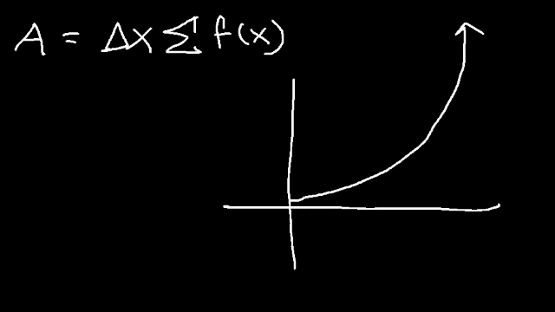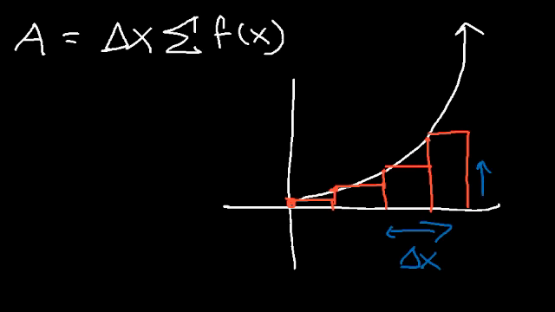So what we're going to do is break it up into rectangles. As you can see, you can approximate the area by adding up the area of each rectangle. Each rectangle has a width, delta x, times a height, f of x.